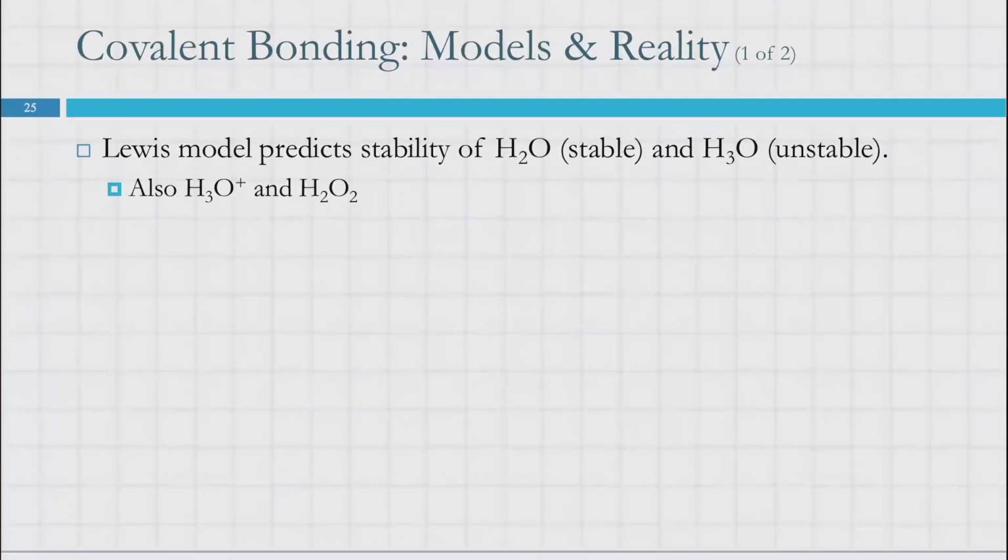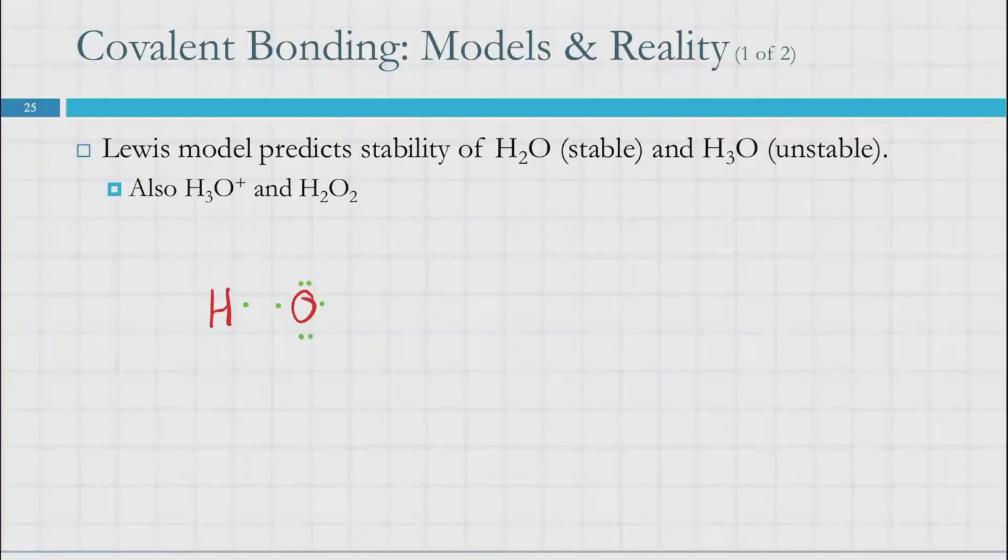Okay, so covalent bonding. Our Lewis model predicts the stability of H2O and H3O, which is unstable. So if we look at our Lewis structures for these, hydrogen comes in with 1. We've got our oxygen in the middle with 6.